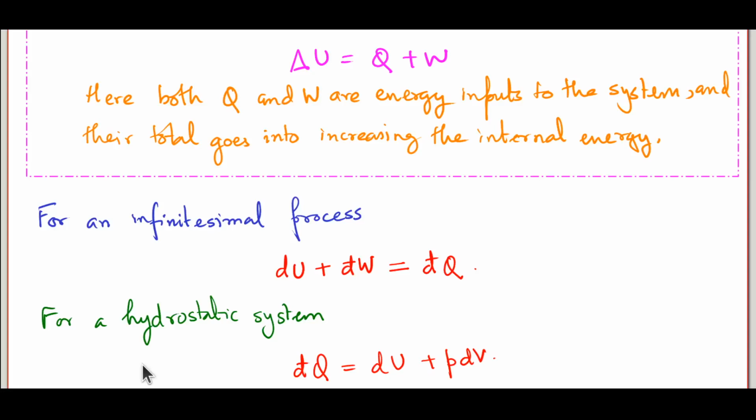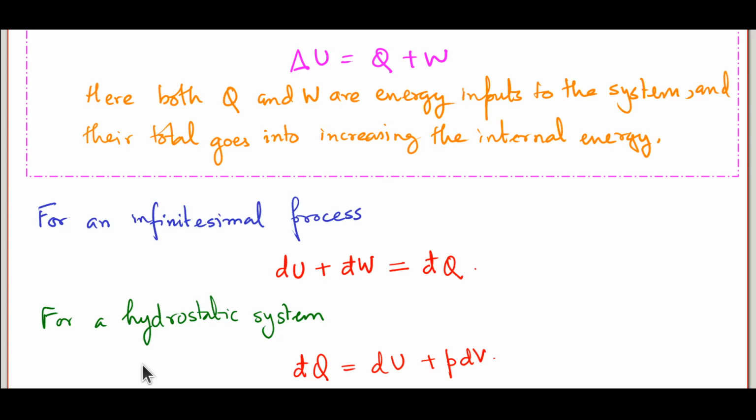Now, in the case of a hydrostatic system, in particular, a closed hydrostatic system, one in which the amount of substance does not change during a process, the infinitesimal heat absorbed is simply given by du plus pdv.